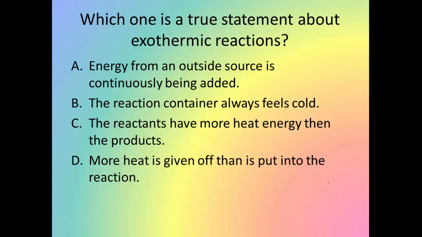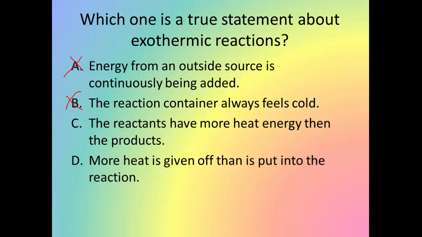So we know that the energy from an outside source is not continuously being added because it's making its own energy, so we can get rid of A. And then B, if we have an endothermic or an exothermic reaction, the container is going to heat up, so we have to be careful of that hot glass. So we know B is not exothermic.